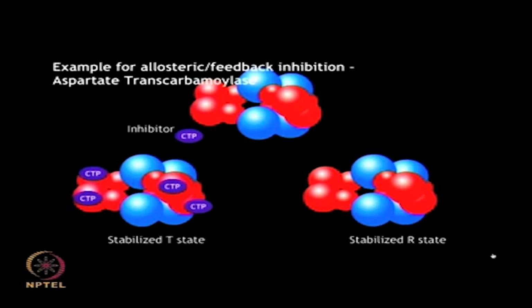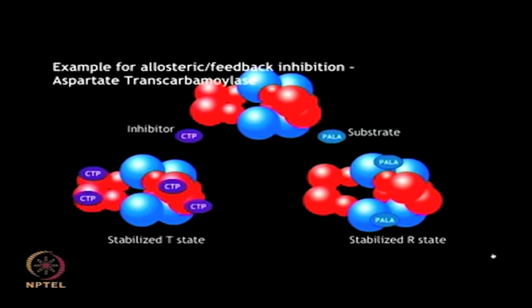The inhibitor for this enzyme is CTP, which is the final product of the pathway. Binding of inhibitor to the regulatory subunits stabilizes the tense state, or T state, of the enzyme, thereby preventing the reaction from taking place.